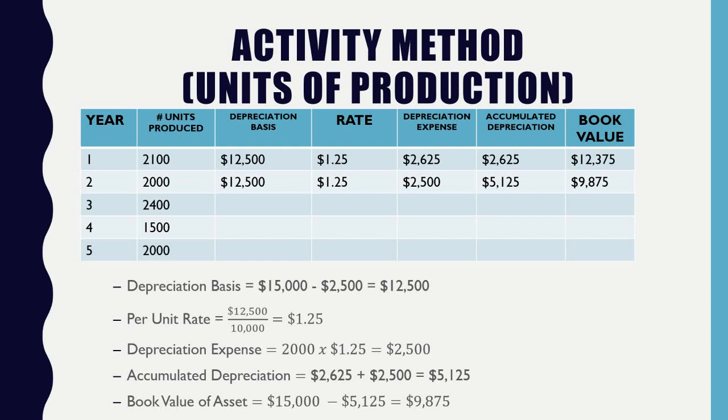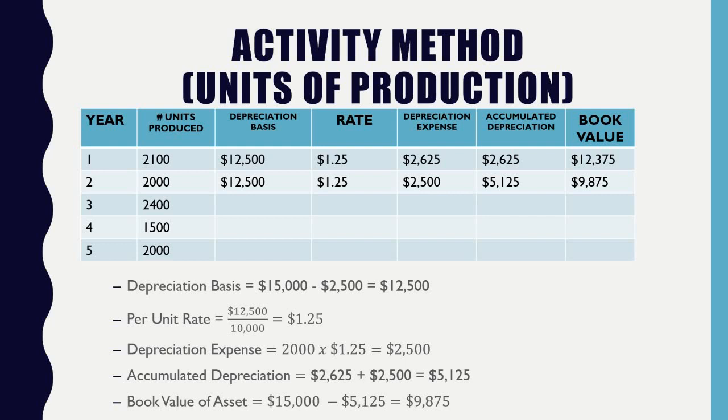And once again, I got to solve for my accumulated depreciation, which is going to be my previous year's accumulated depreciation. So I had 2625, right? Plus my current year's depreciation expense, which in this case is going to be 2,500. So therefore, my accumulated depreciation for year 2 is going to be the 5,125.